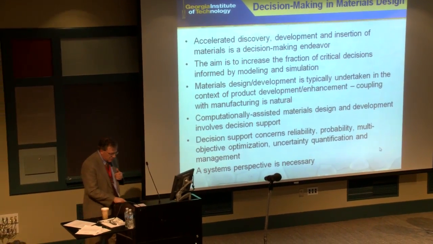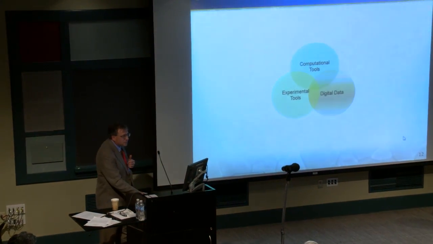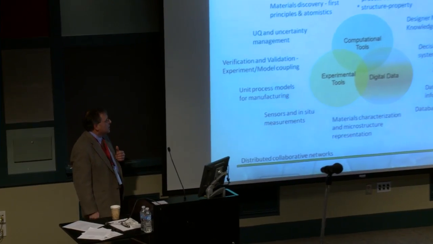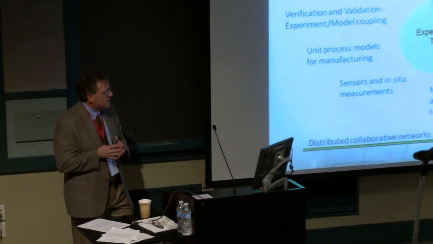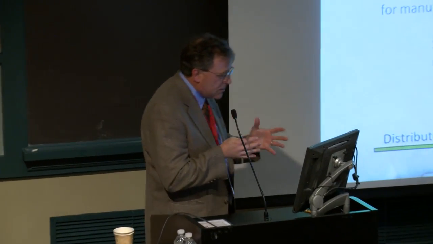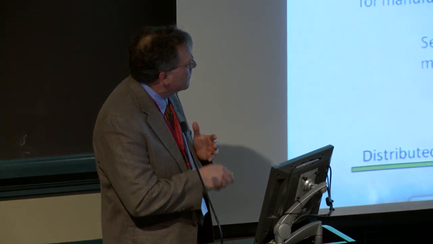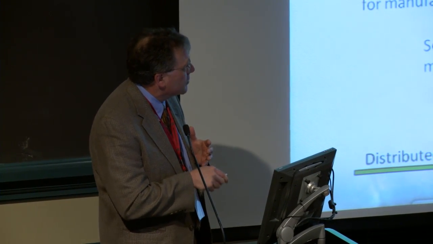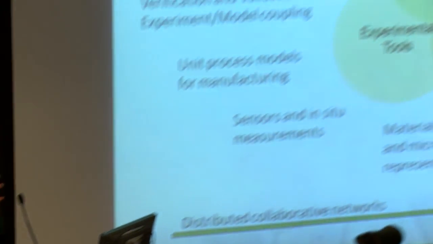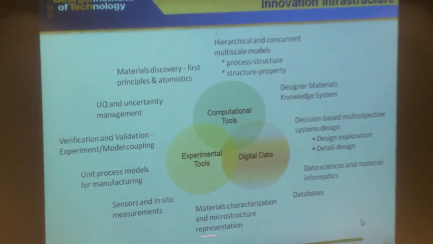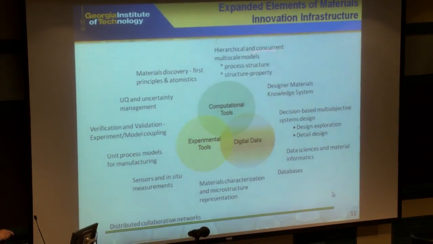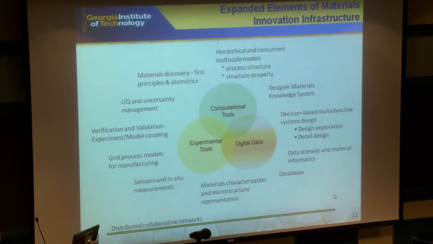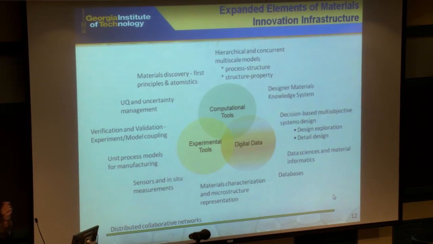And the systems perspective is essential here. I've attempted to show that systems perspective by taking the MGI white paper innovation infrastructure, this triad of areas that we saw earlier, and then surrounding it by the orbit of satellites of the subfields that cross domains to connect these.